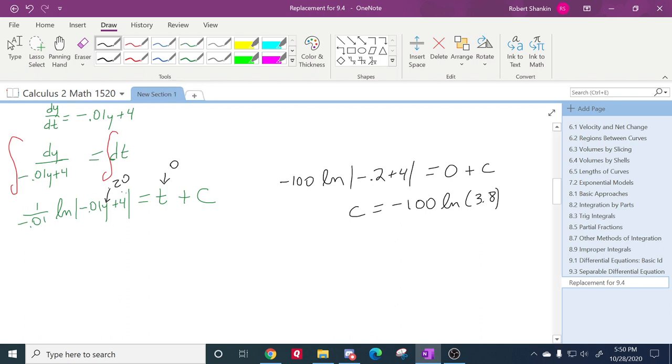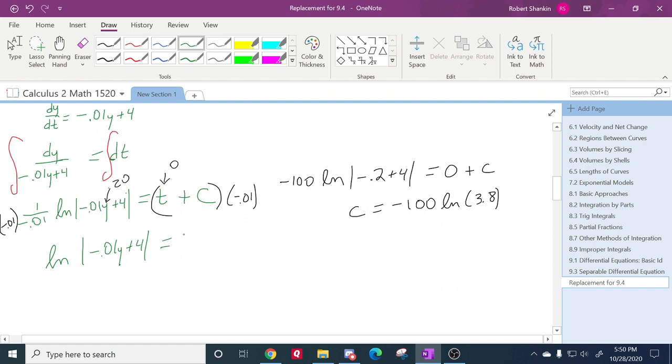So I have my problem right here. I got to get y isolated. So first thing is I got to get rid of this constant. So I multiply both sides by negative 0.01. And these cancel out, and I'm going to be left with ln of this equals the negative 0.01 multiplies into the t.